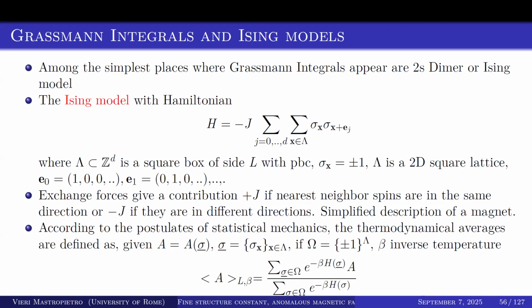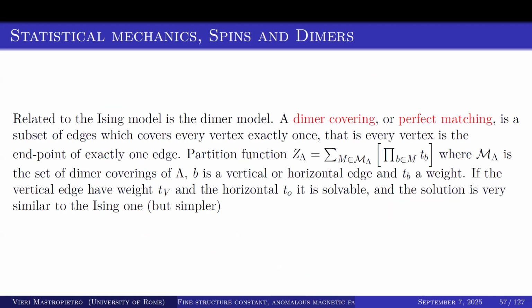In fact, it's even much easier to see it in terms of dimers, which is another definition. I don't know how useful it is, but the Ising model is solved by mapping to the dimer model.